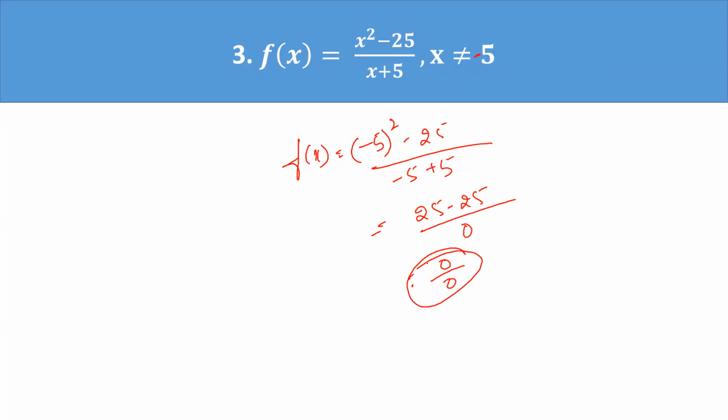Is 0 by 0 a well-defined form, or is it not defined? Just check with your calculator what you'll get if you put 0 by 0.